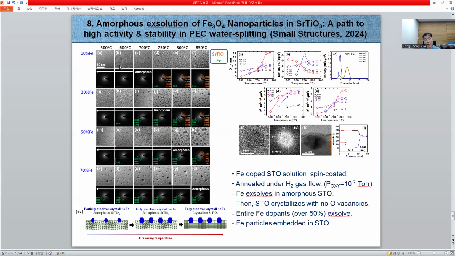However, it is well known that iron is strongly bonded to oxygen in strontium titanium oxide, so iron is not easily exsolved from oxide matrices. Nevertheless, we exsolved the entire iron atoms doped in strontium titanium oxide film, over 50%, using the amorphous exsolution technique with a slight hydrogen gas flow, 10 to the minus 7 torr.